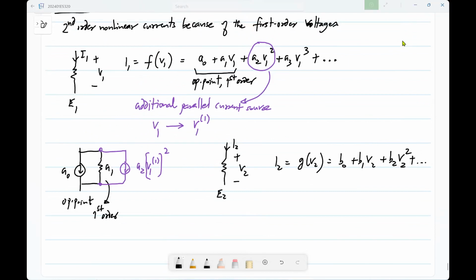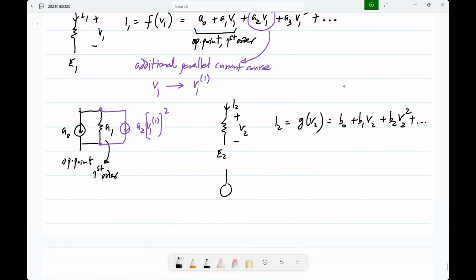Okay. So this would get represented as the operating point B0 plus a conductance B1. This is for the first order. And for the second order, you have a current source with this input, which is V2 of 1 square. Okay.